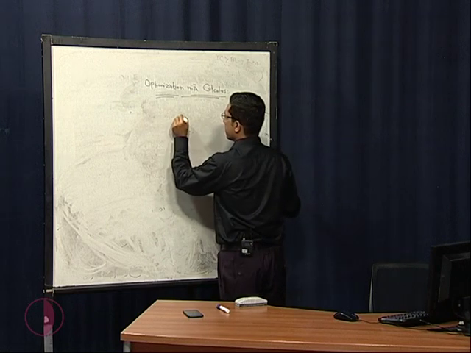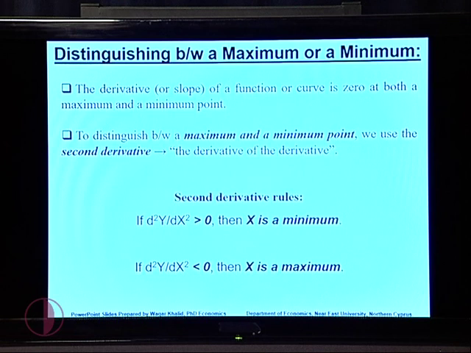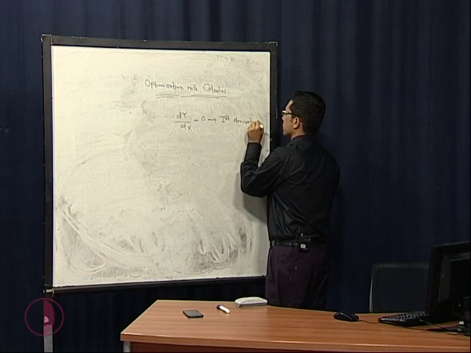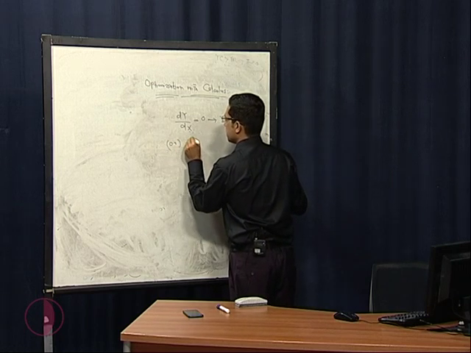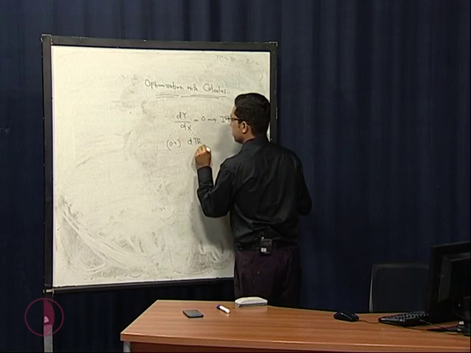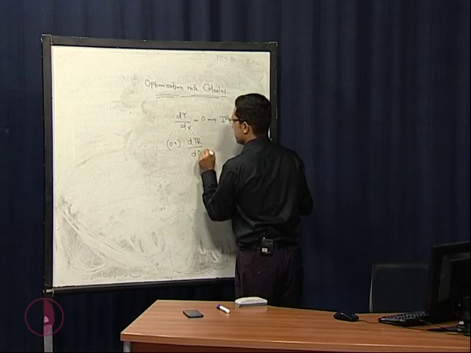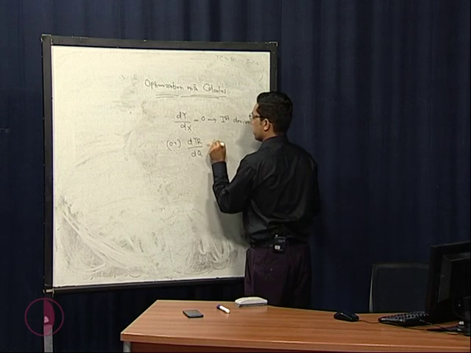for the first order derivative, dy divided by dx is equal to 0. This was the first derivative, or specifically change in total revenue due to change in output equals 0.